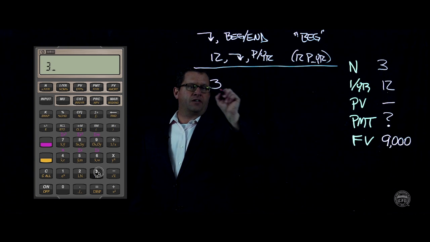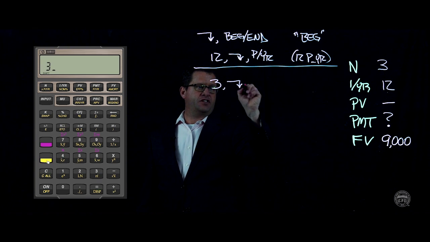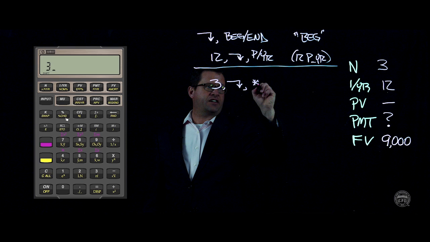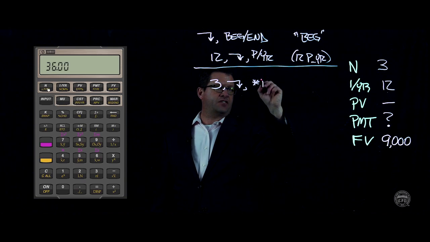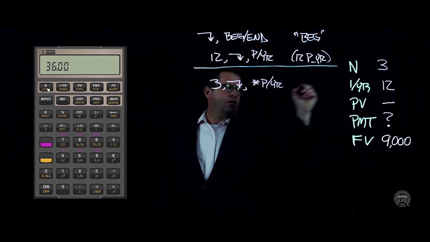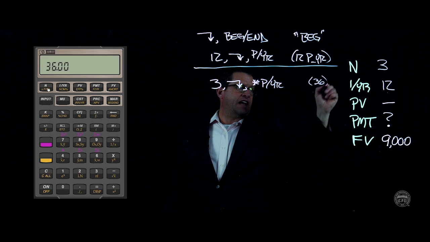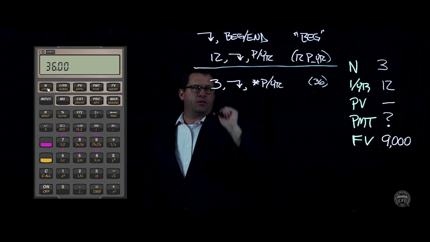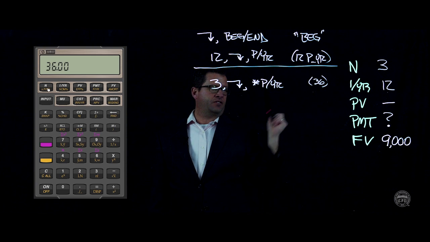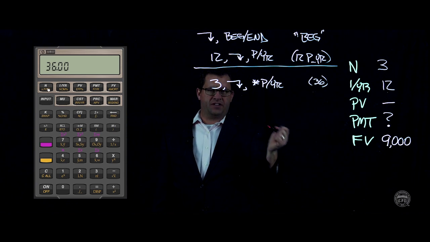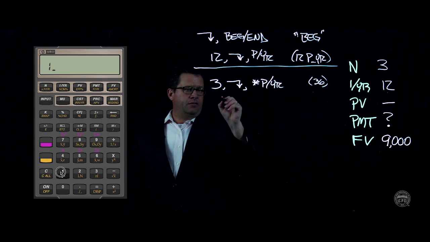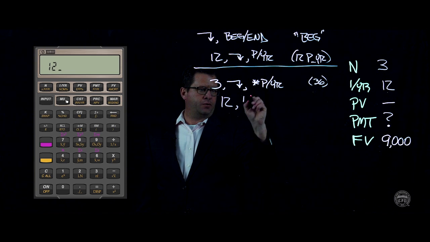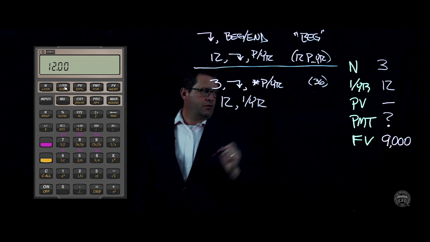So we take our 3 years, the downshift key, and then the second function of the end key, which is the *P/YR. You should see the number 36 flash, because again, the calculator is taking the 3 years times the 12 compounding periods per year to give us a total compounding period number of 36. Next, we can enter the 12% interest per year that he thinks he can earn.